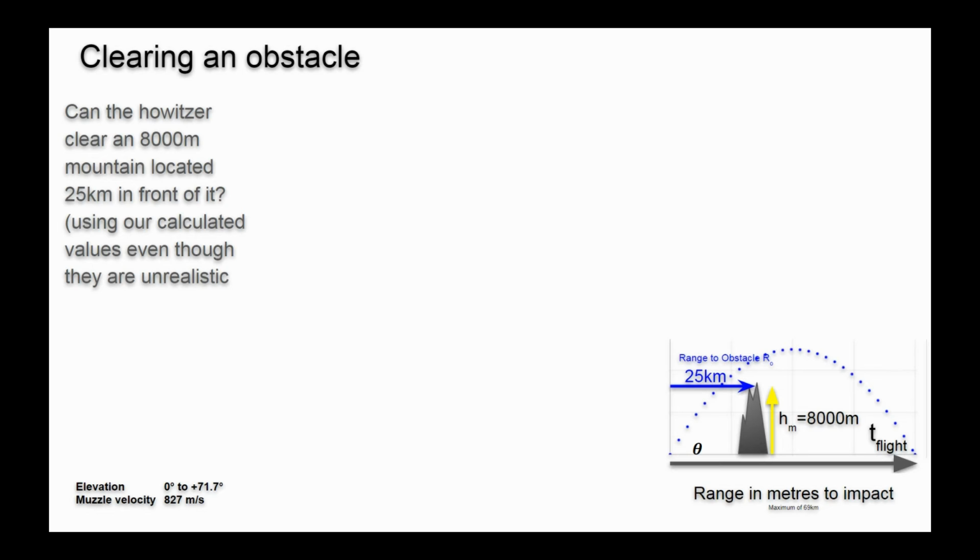Why can't I use the theoretical values? Why would I do that?